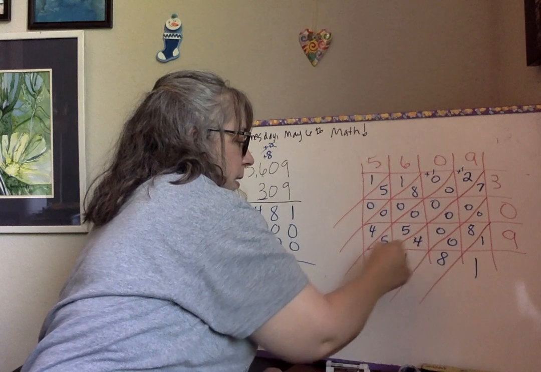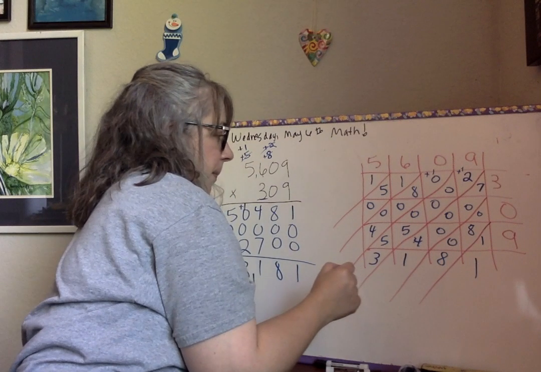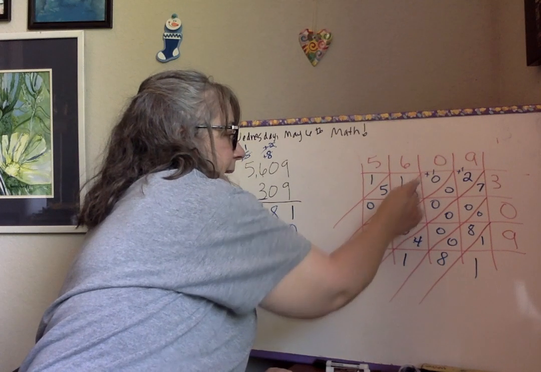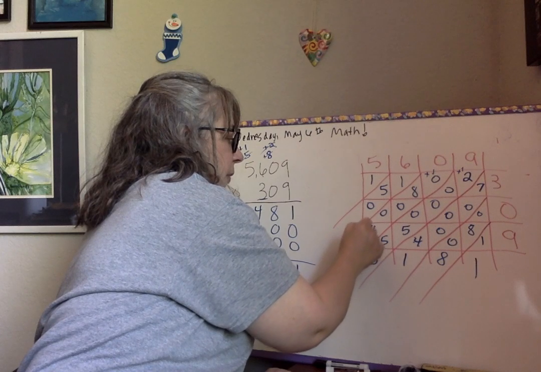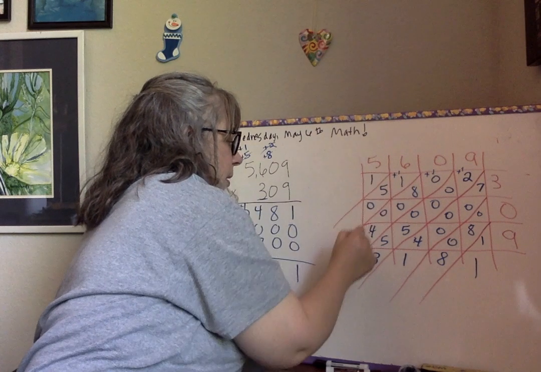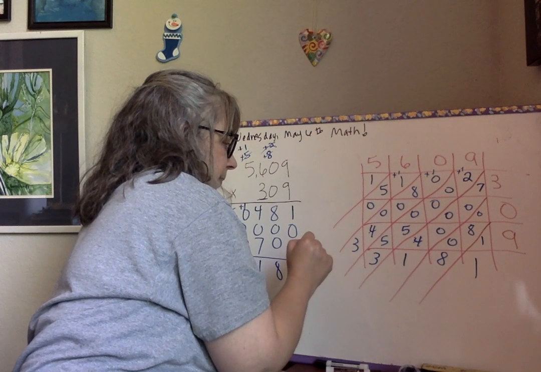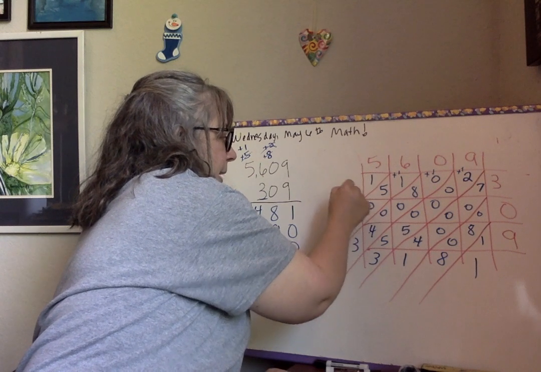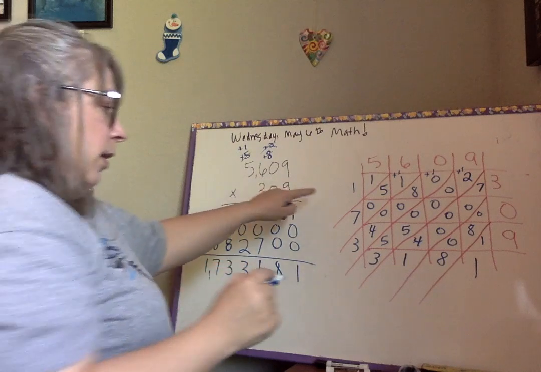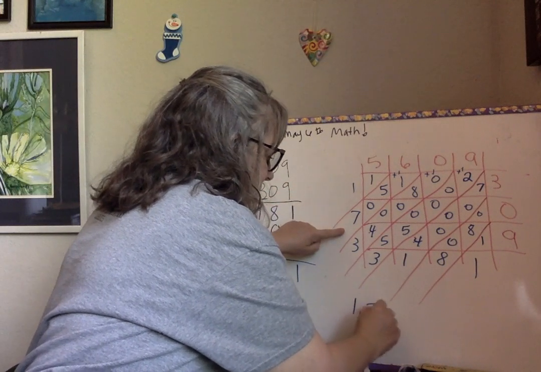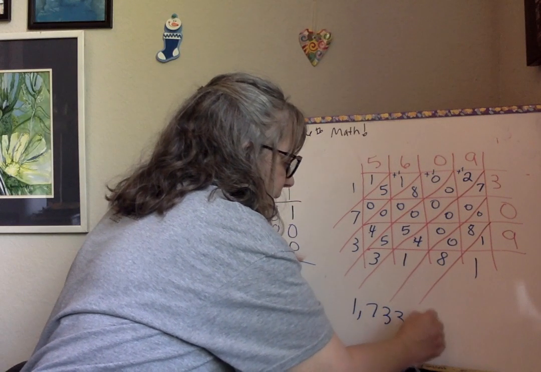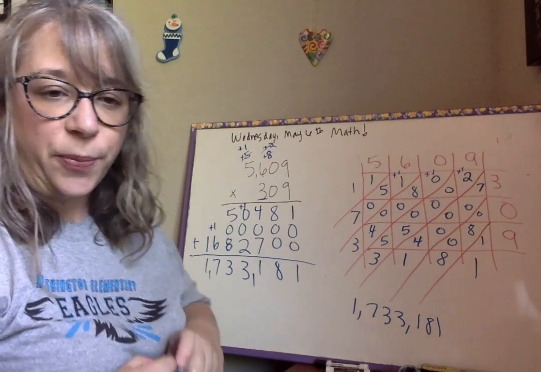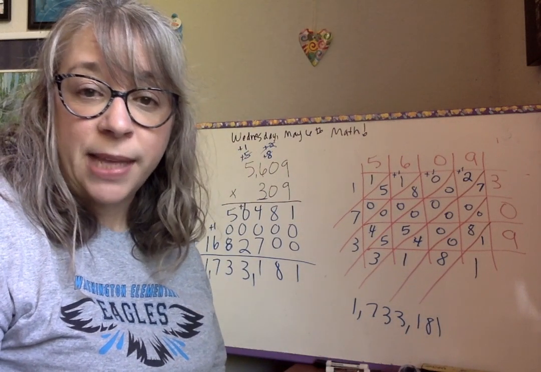Plus 1, 3 here. So 8, 9, 10, 11, 12, 13. So plus 1, and 3 here. 5, 6, 7, and 1. All right, 1,733,181. There you go. That's our math for today.